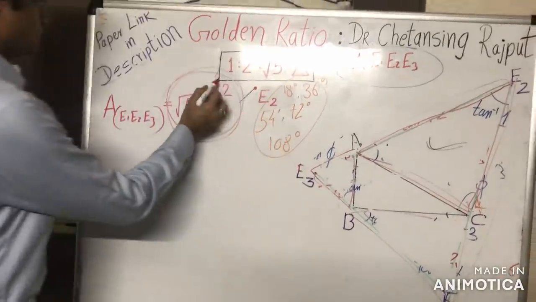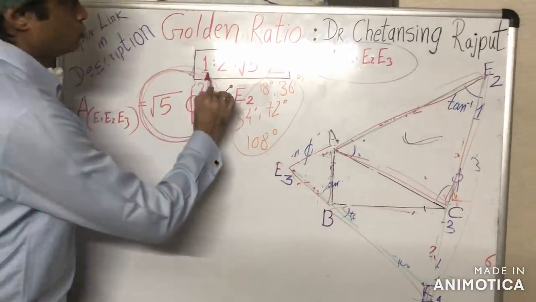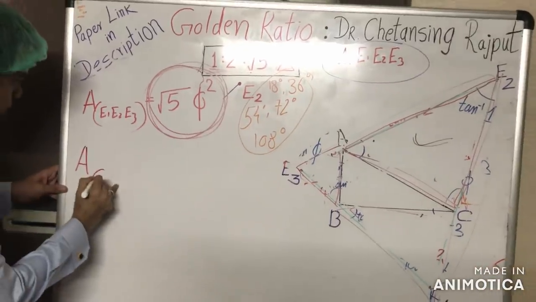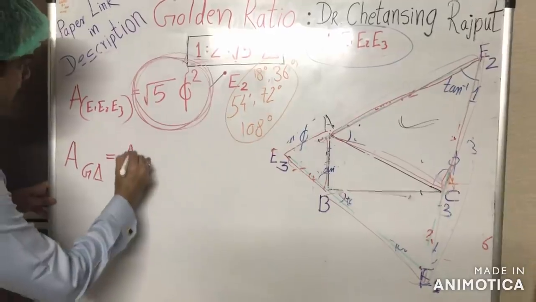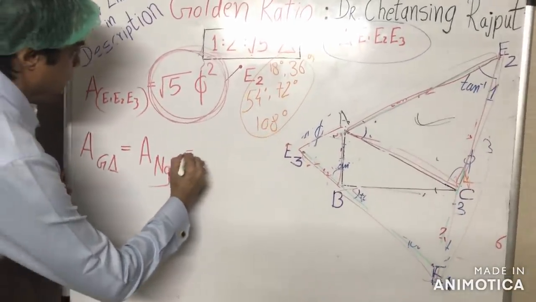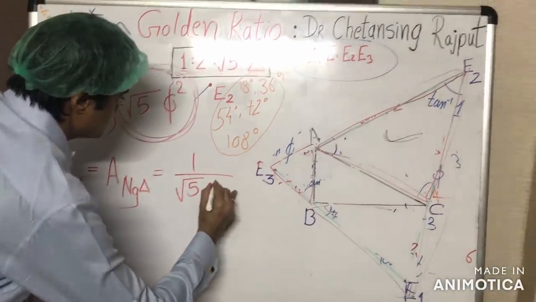You consider this figure, root 5 phi squared, because in the case of the 1 to root 5 triangle, the area of its Gergonne triangle is equal to the area of its Nagel triangle, which is equal to 1 upon root 5 times phi squared.